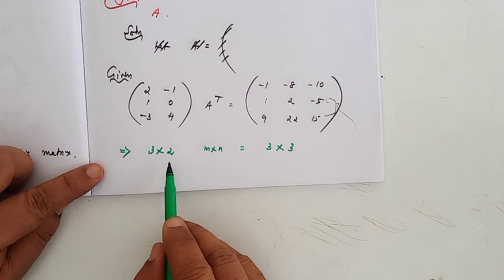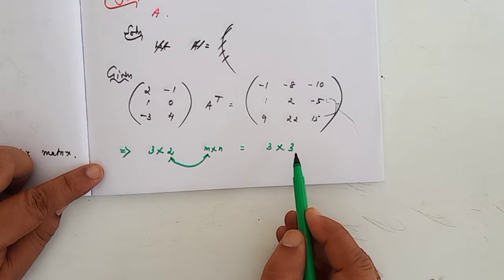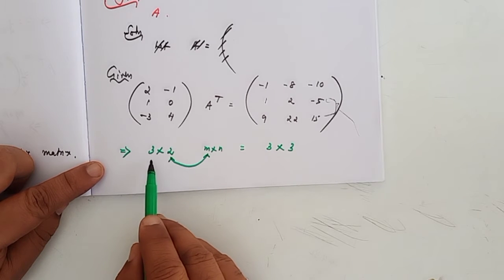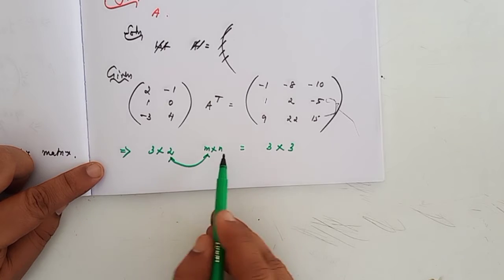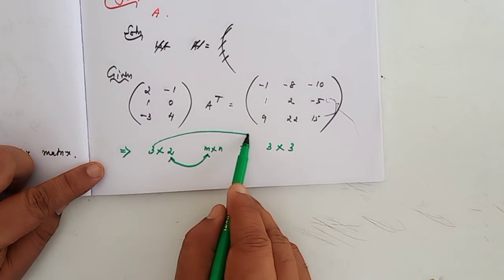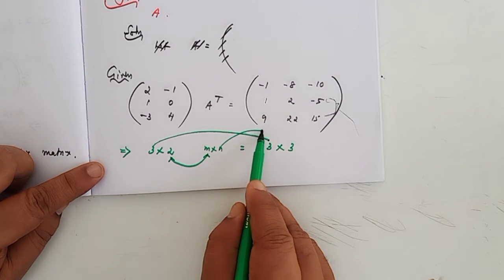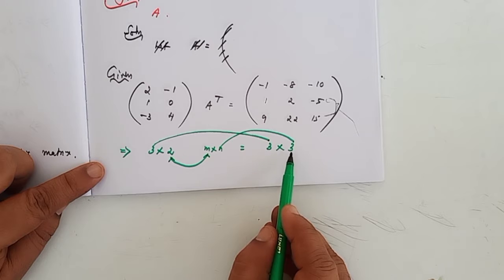We know very well these two must be equal, then only the matrix multiplication is possible, right? The resultant matrix is 3 cross n. What is n here? Look at that, 3 here, n here. n is equal to 3.